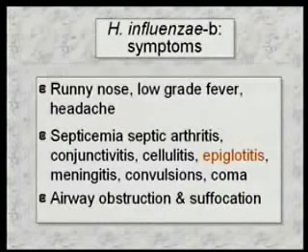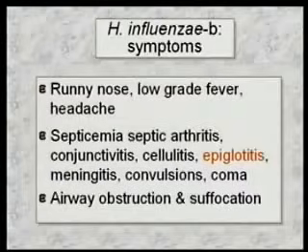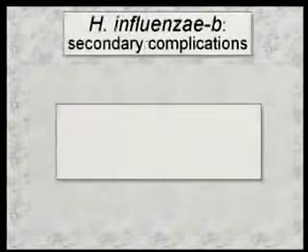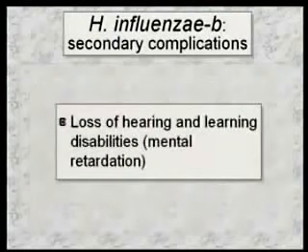Airway obstruction because of epiglottitis, and suffocation. Secondary complications are very important because if the disease is not treated properly, it will leave permanent damage such as hearing loss and mental retardation.